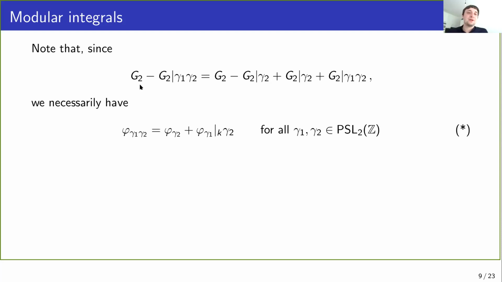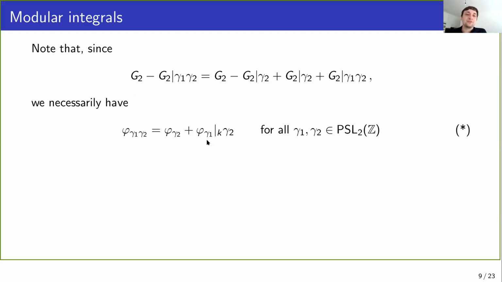So if you take this function, which I called phi gamma 1, gamma 2, you can rewrite it by adding a term and subtracting it again as a sum of two terms, which are again of the same form, except in one of them you have to also add the action by the second group element. So what I'm trying to say is this formula. So whenever you have two elements in the group, gamma 1 and gamma 2, then the family of functions phi should satisfy what is usually called the crossed homomorphism property.